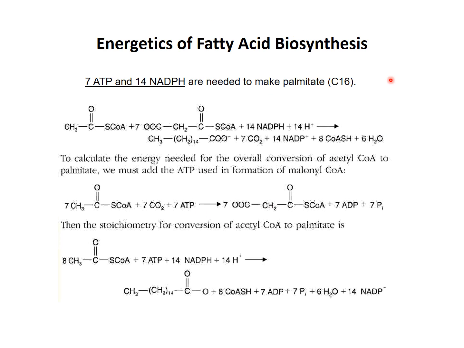Now, let us calculate how much does it take to synthesize a palmitic acid. I'm telling you, it's very expensive. So if we add everything together, we need 7 ATPs and 14 NADPHs, a lot. So let's count.